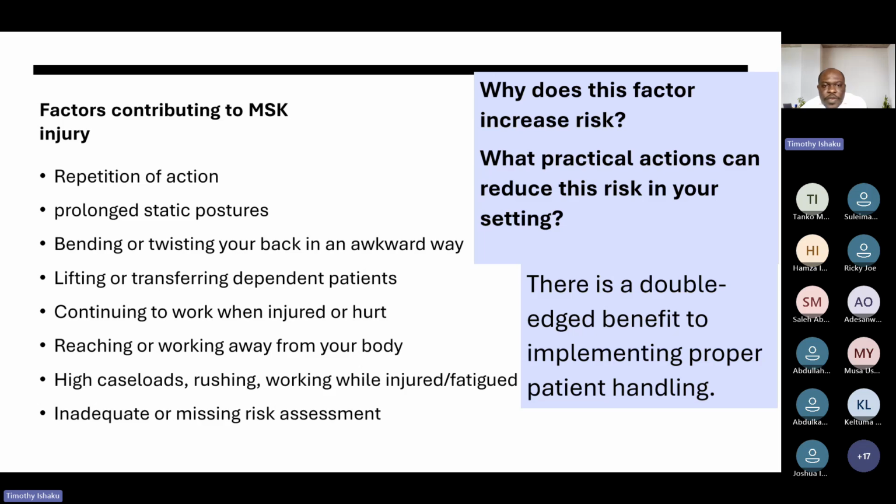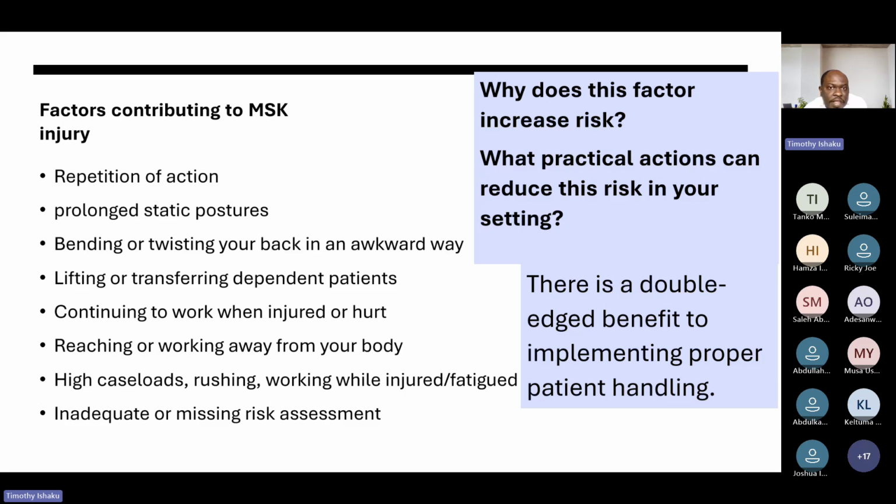Now, the second question is, from your own experience, not necessarily you, but what you have observed, if you're going to rate these things, which one will you rate as the top item that causes the risk of injury in your practice?